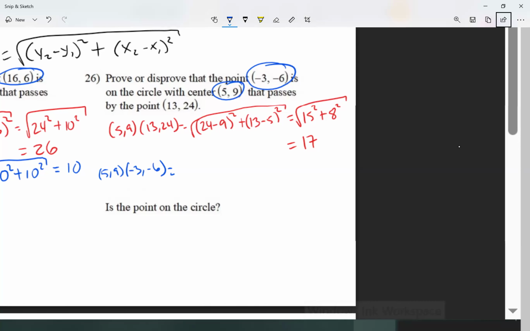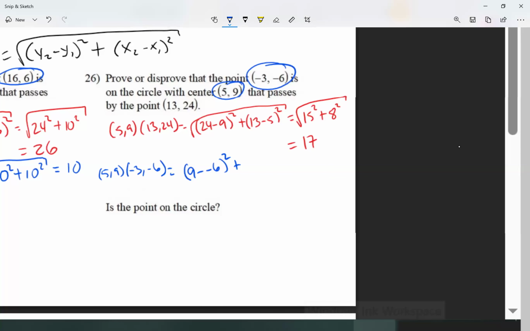I write my coordinates just so I remember which points I'm dealing with, and I'm doing it in blue so you can see the difference. First I have to subtract the y's, so 9 minus -6. Remember, I start with the bigger number to try to avoid negative signs if possible.